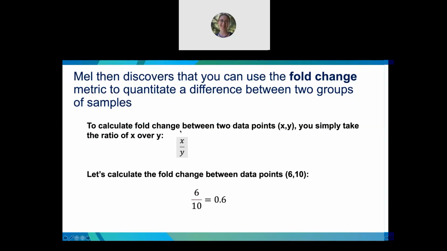So if there's no change at all, your fold change value is 1, so that's no change. And the more different the two values are, the smaller the fold change gets as it moves away from 1 closer to 0. So that's just kind of baselining what we expect from fold change.